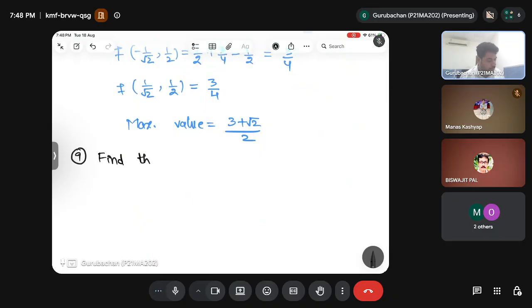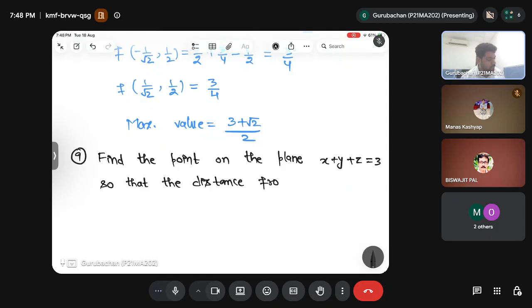Find the point on the plane x plus y plus z is equal to 3, so that the distance from origin to that point is minimum.